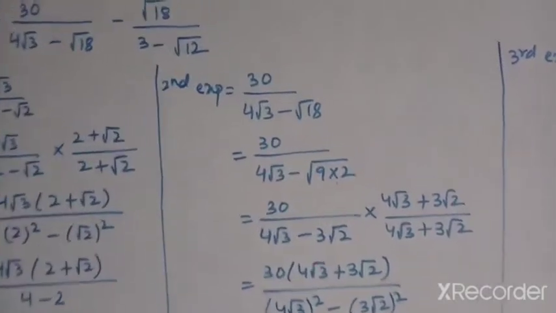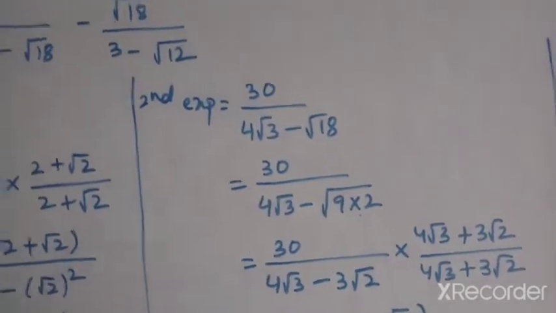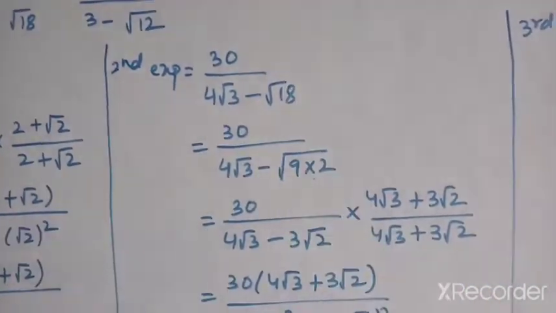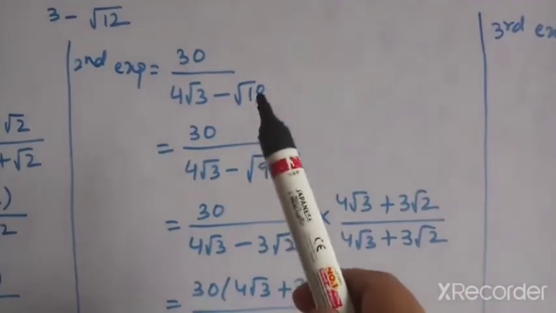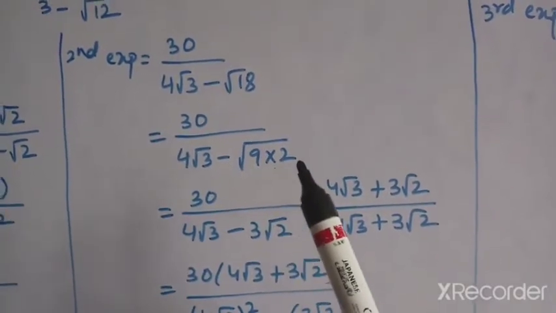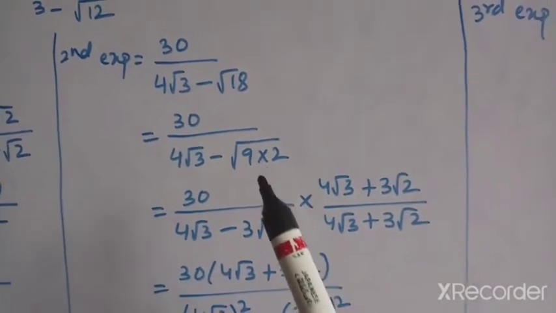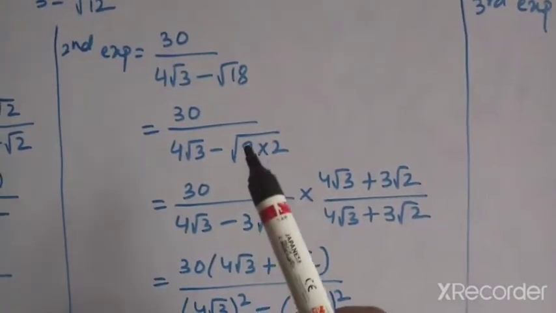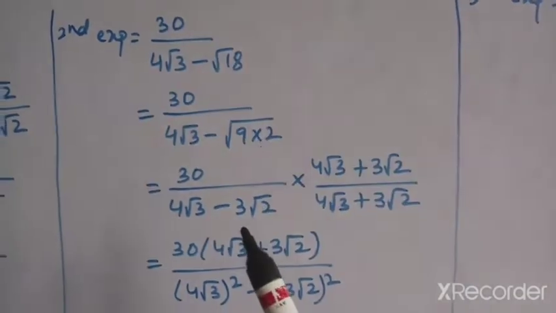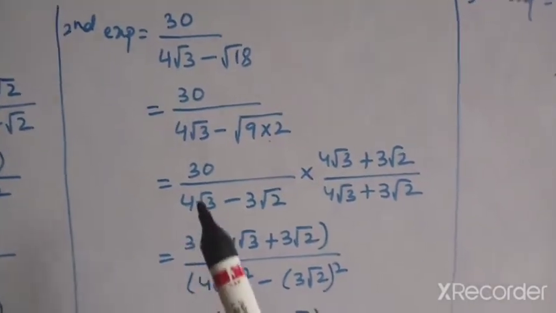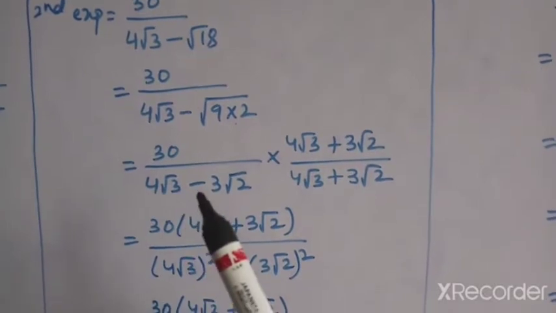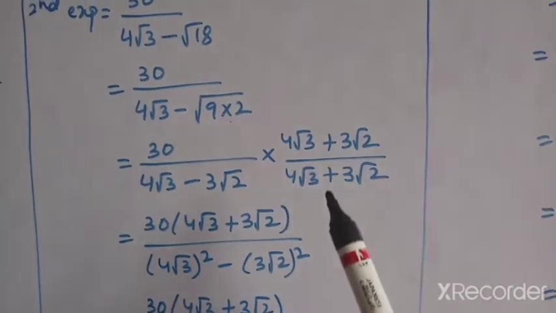Now in the second expression you can see, whenever you get a big term, always look for its factors. If we look for the factors of 18, it will come as 3 into 3 into 2. 3 into 3 means 9. So this is a perfect square, so this can come out as 3. So you get root over 18 as 3 root 2. Now its conjugate will be plus: 4 root over 3 plus 3 root 2.